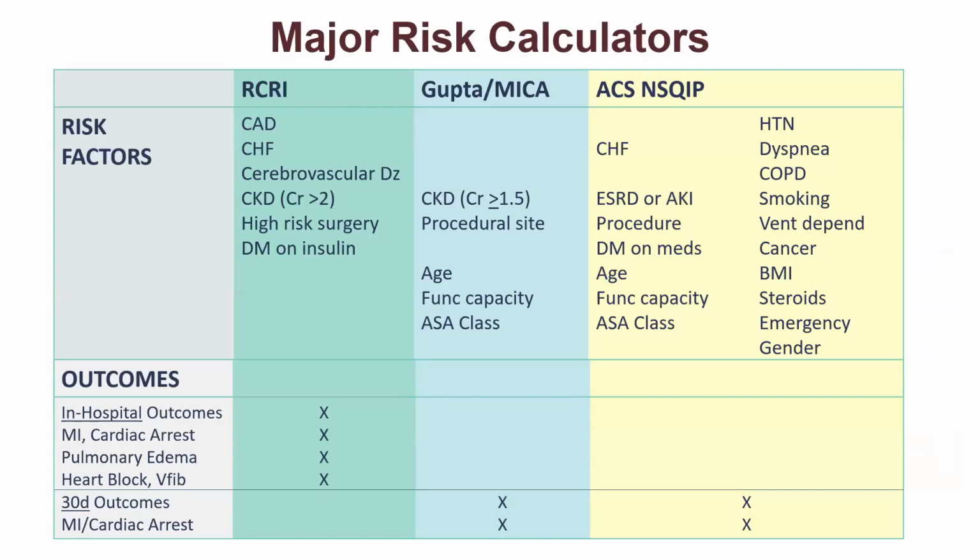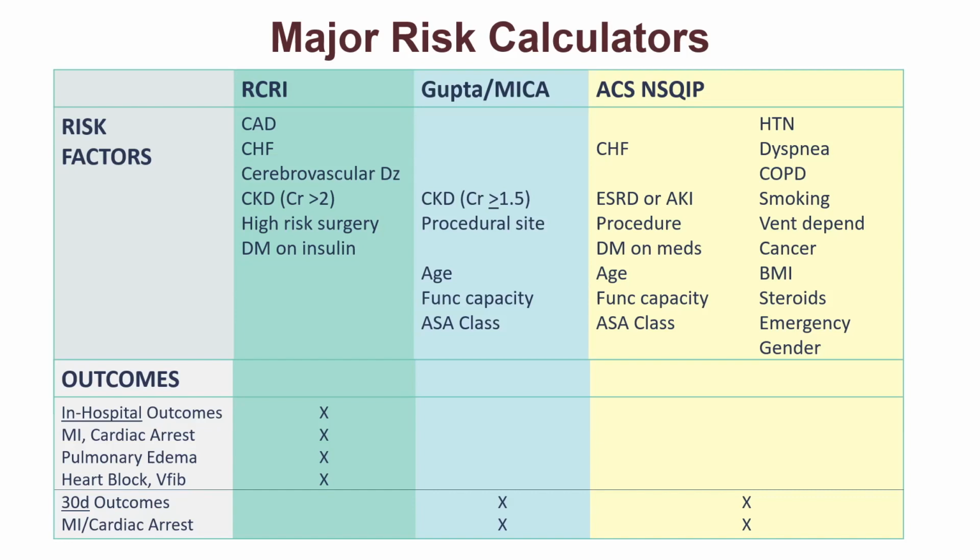So let's look at the risk indices or risk calculators. The 3 that are recommended by the American College of Cardiology are the RCRI, the Gupta or MI cardiac arrest or MICA calculator, and the American College of Surgeons NSQIP calculator. You can see the risk factors that they have. There's some overlap. They all have something about the type of surgery. They all have something about renal disease. And there's something about some cardiovascular disease. The RCRI is the only one that actually has coronary disease as a specific risk factor.